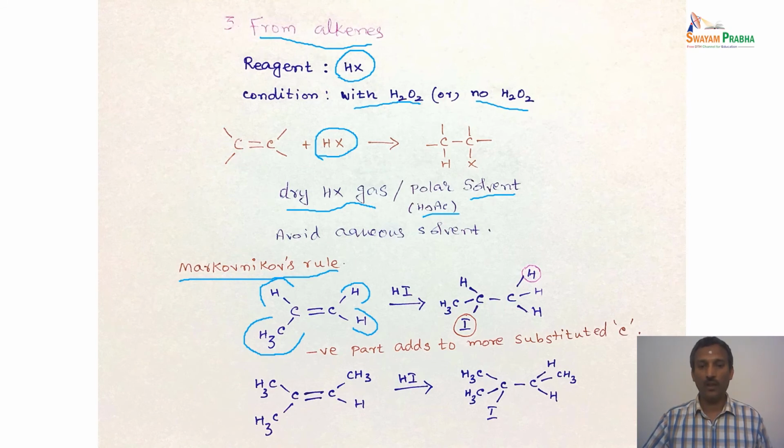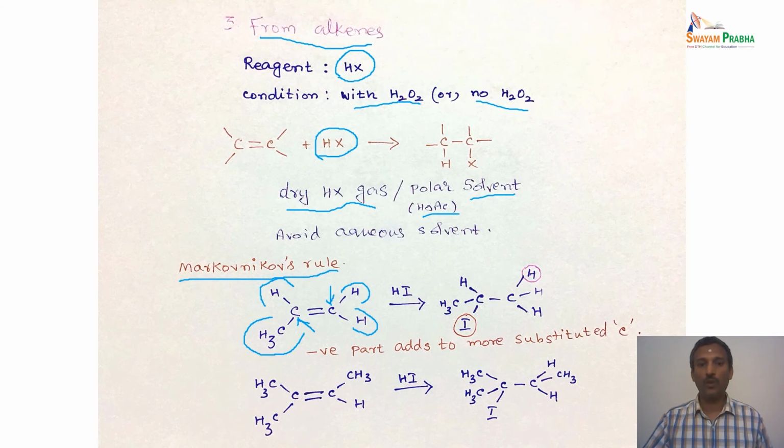One is the hydrogen adds to this carbon, or the hydrogen can add to this carbon. That results in regioisomers. Two isomers are possible when we have unsymmetrical alkenes, but in this particular reaction we are not getting isomers, we are getting one product as the major product.